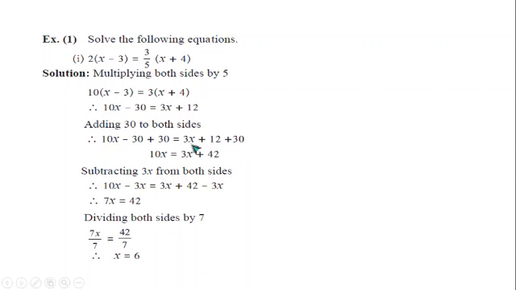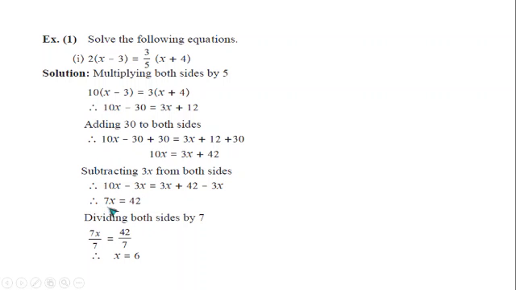Once again, I don't require this 3x. So, subtracting 3x from both the sides, I'll have 10x minus 3x equal to 3x plus 42 minus 3x. 10x minus 3x becomes 7x equal to 3x and minus 3x goes away and I have 42. In this way, it becomes 7x equal to 42.